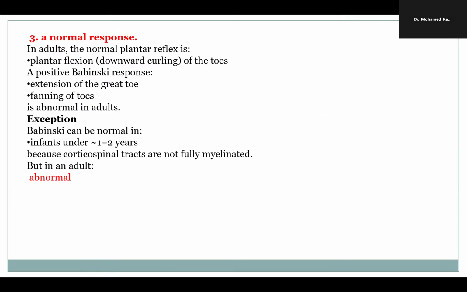We have one exception here. The Babinski sign could be normal in infants under the age of 1 to 2 years because the corticospinal tract is not yet fully myelinated or matured. But in adults, this response is abnormal.